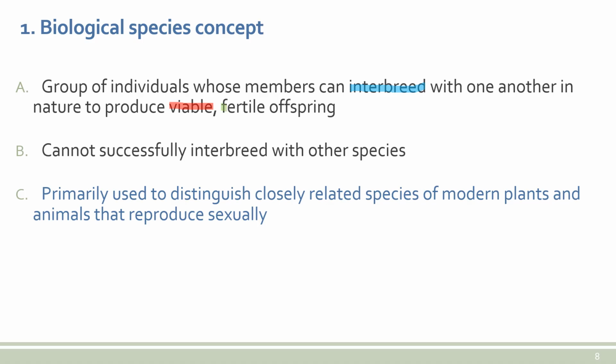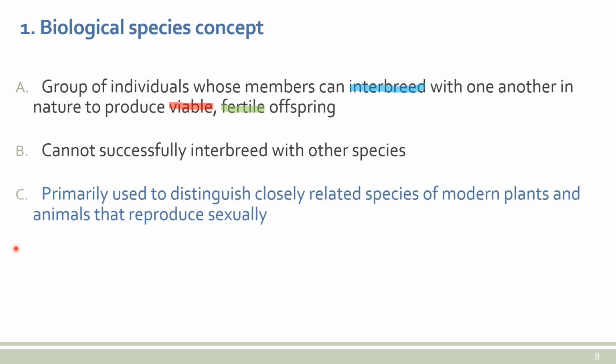Fertile means that those offspring, or well, fertile in general means that you have the ability to produce offspring. So there are three criteria actually for this one. They have to be able to interbreed with one another, produce healthy offspring that are also fertile, meaning that those offspring can then produce offspring on their own.